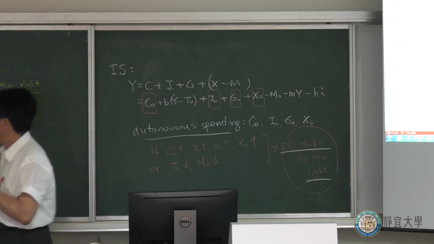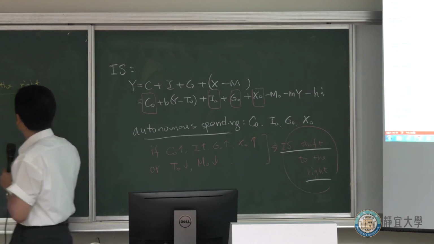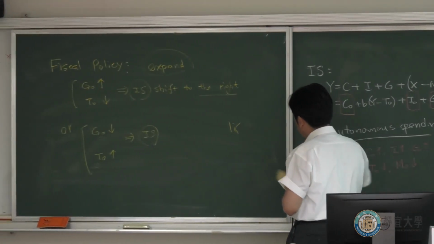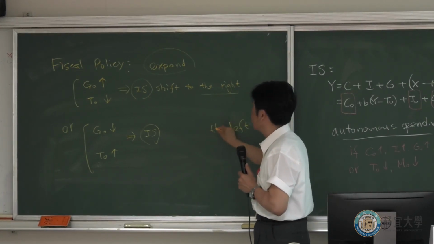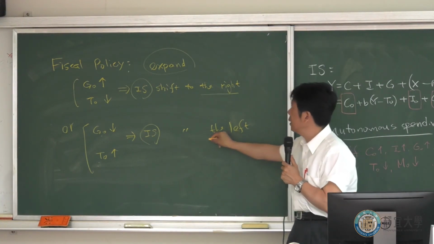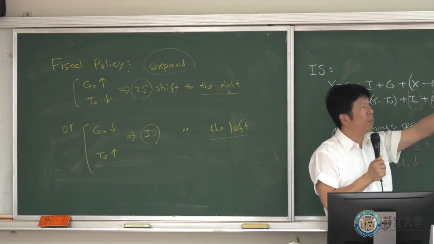And the other way, if the government decreases spending or the tax increases, then the IS curve shifts to the left. So you can see these are different policies.